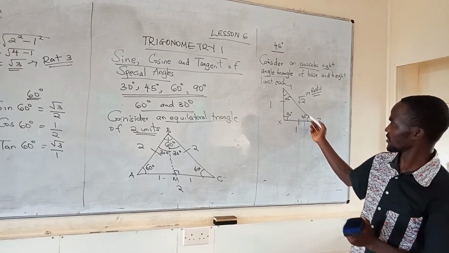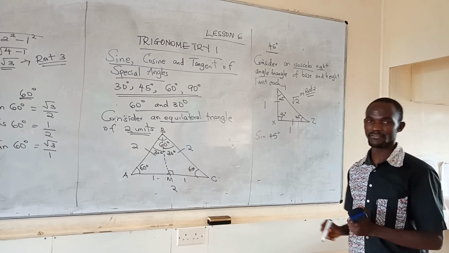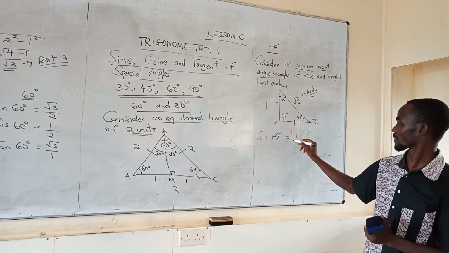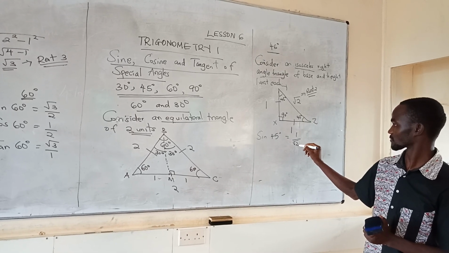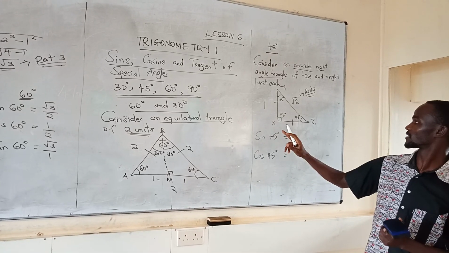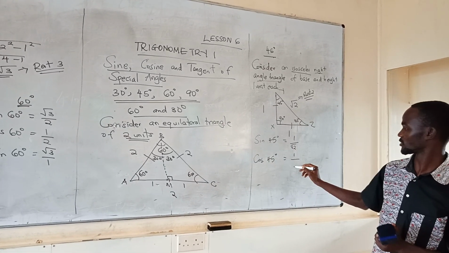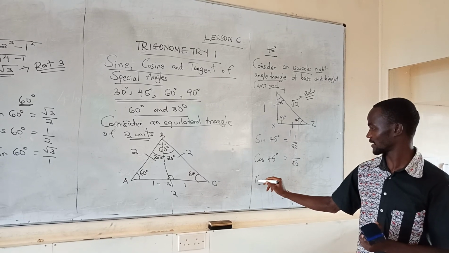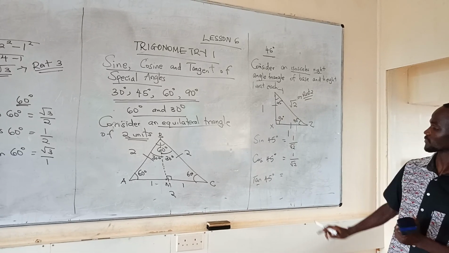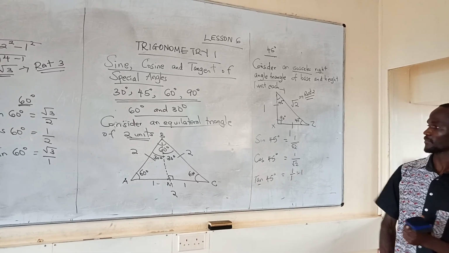If we consider any of the 45 degrees, sine 45 degrees is opposite over hypotenuse, cos 45 degrees is adjacent over hypotenuse, then tan 45 degrees is opposite over adjacent, so this is 1.